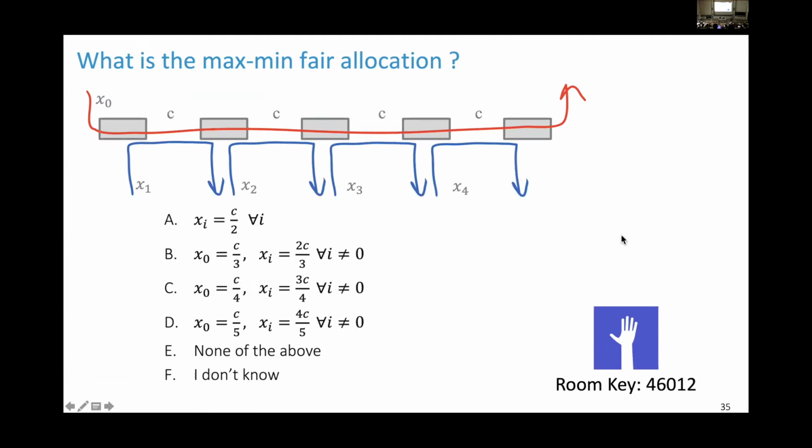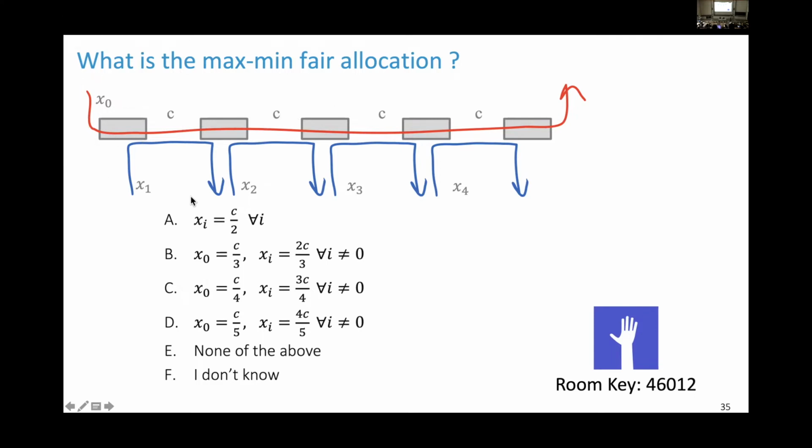That brought us to this quiz. Here I'm showing you this network. We have 4 links, all of them with the same capacity C. The red flow, at the top, uses all 4 links and sends data at rate X0.